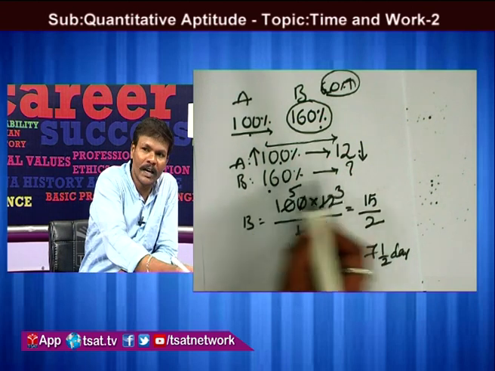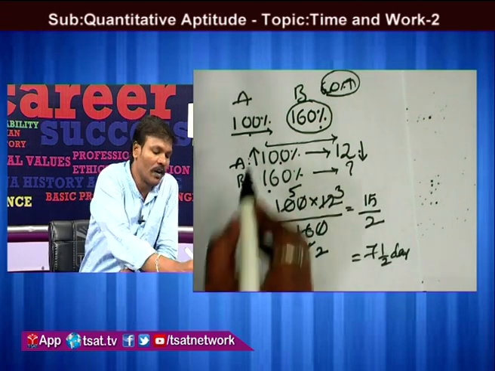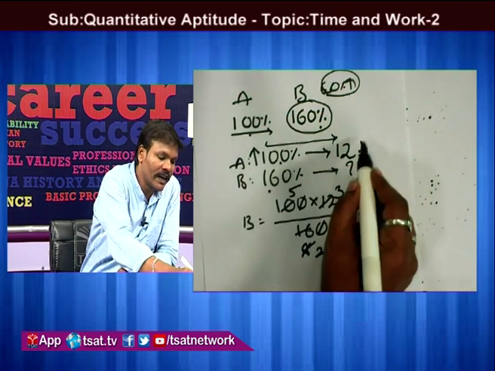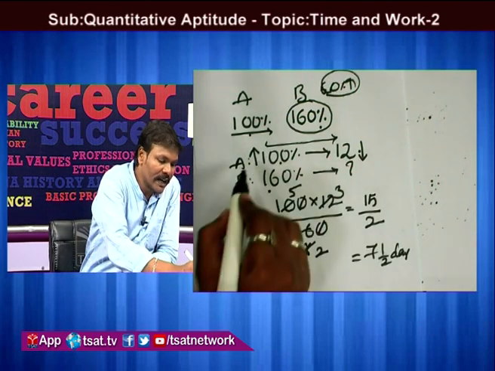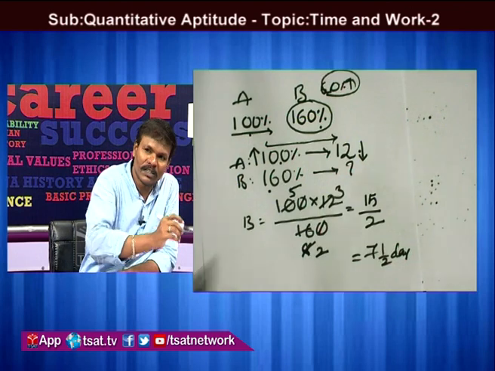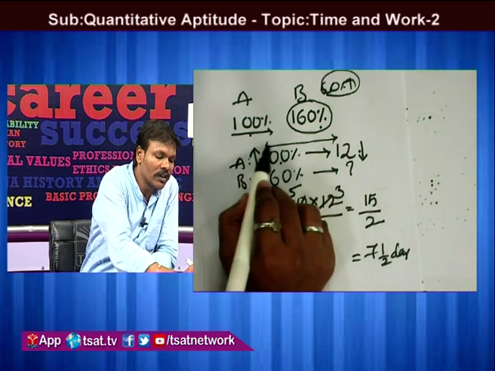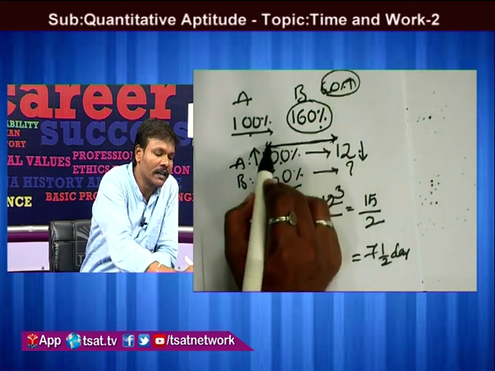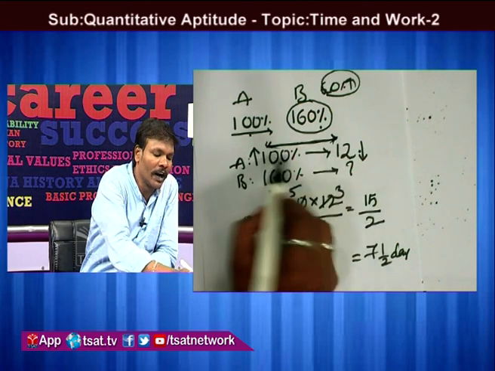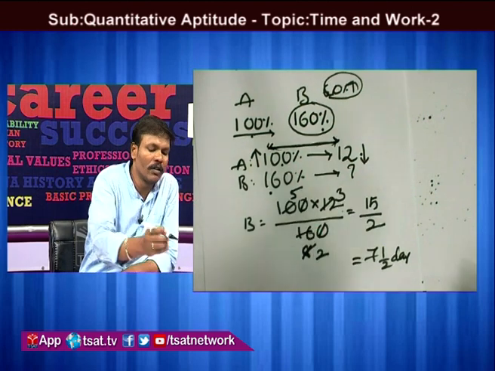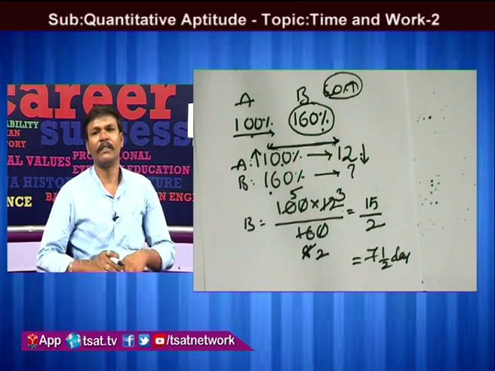B's 160% capacity completes it in how many days? When capacity increases, days decrease. It is inversely proportional, so the same values are multiplied: 100 into 12 by 160, which gives 7.5 days.